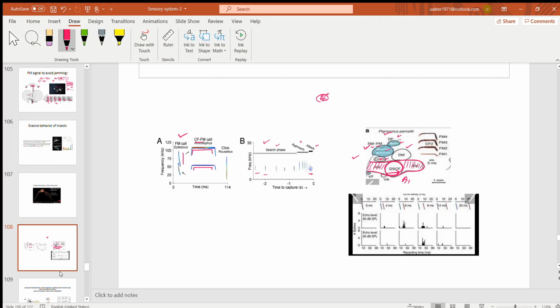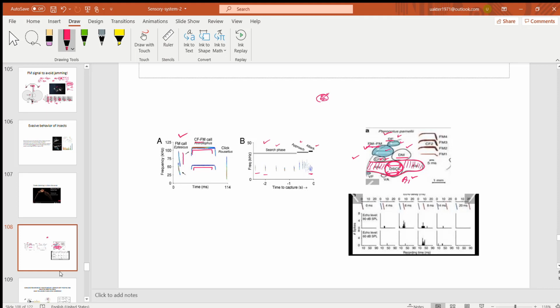That means a narrow frequency range is present in this big area, around 62 kilohertz, and that area is very big. So in the bat's auditory part of the brain, you have additional structures like DF, DM, FM, CF areas, as well as the primary auditory cortex.